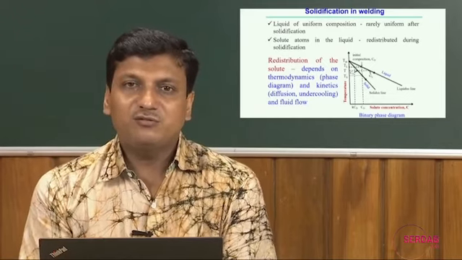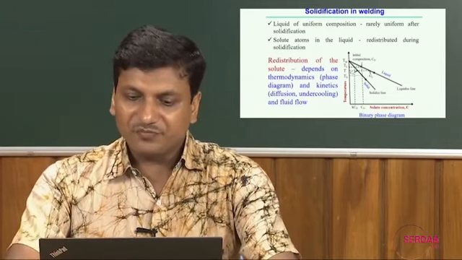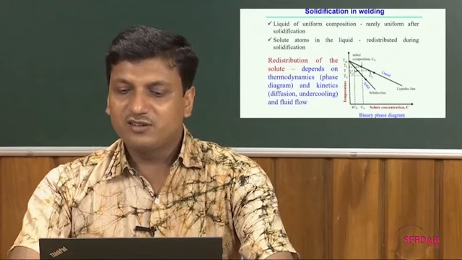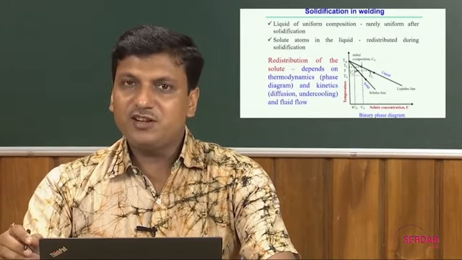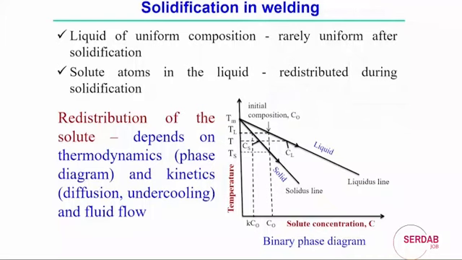Now, if we look at a typical binary phase diagram, there is a liquidus line, and we represent the liquidus and solidus lines as straight lines. The x axis represents the solute concentration and the y axis represents the temperature.